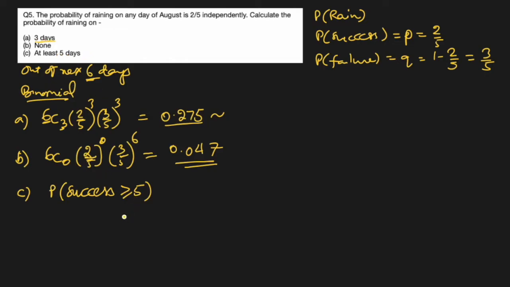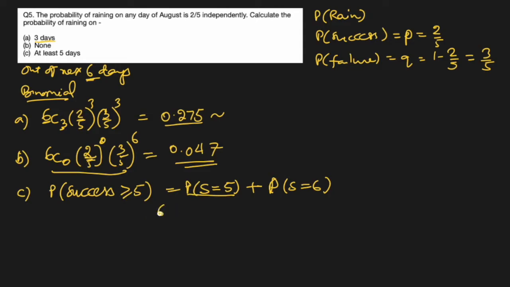There are 2 possibilities. So that means the probability that success is on 5 days, or whenever we say or, we write plus, success is on 6 days. So in such a case, we'll just write the binomial distribution for each one of them.